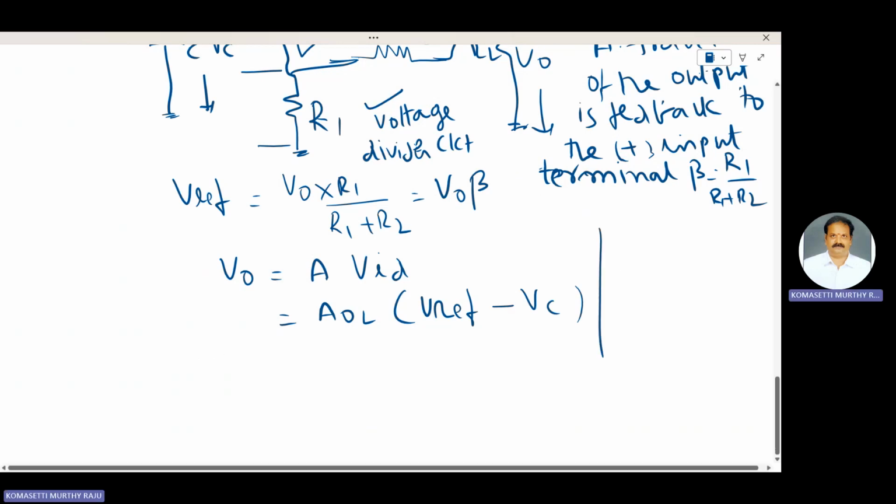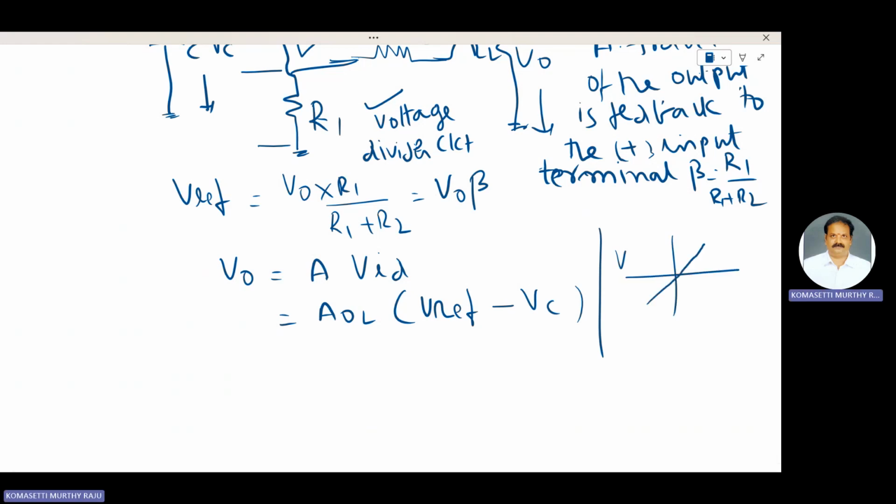We know that the op amp is in saturation mode. The characteristic curve is like that, with plus V sat and minus V sat. The output switches between these two states.